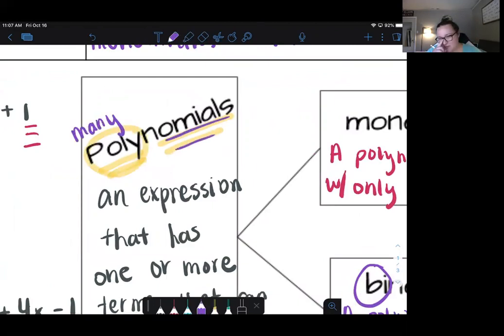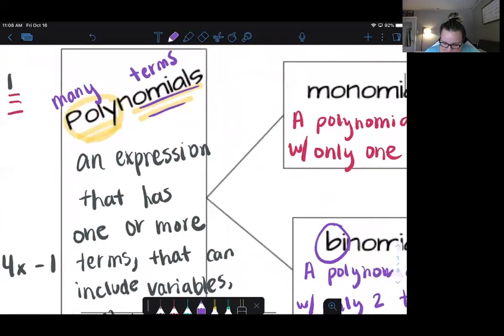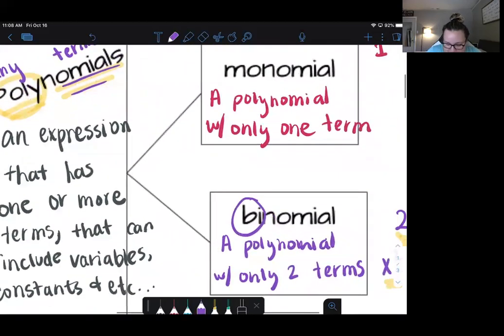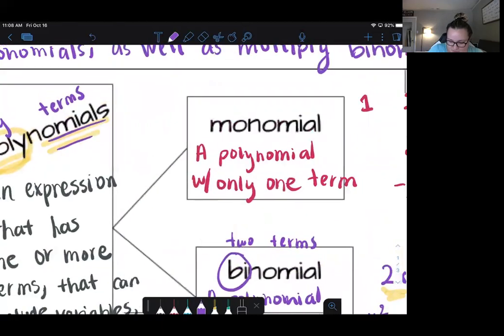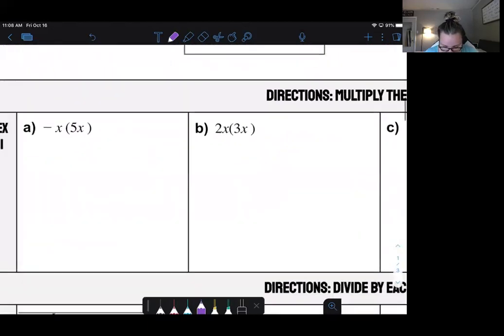Nomials is kind of like the same thing as terms. So the word polynomial really just means many terms. Pretty neat, huh? I think word roots are pretty cool. So binomial is 2 terms. Monomial is 1 term. Just a little English lesson for you there in the middle of math.